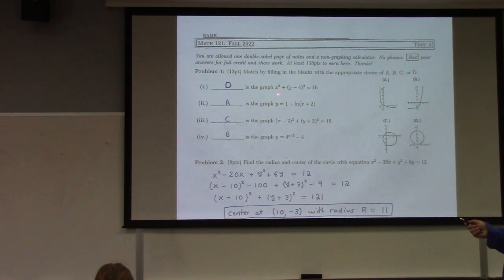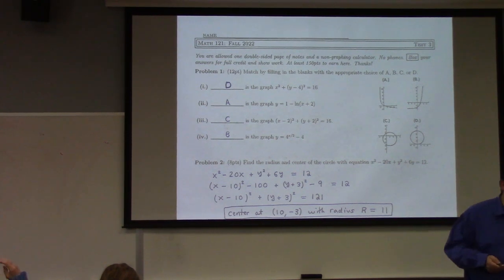It's centered where x is equal to 0 and y is equal to 4, which means it's this one. This is 1 minus the natural log, so it means it's got a vertical asymptote at -2. That's this one. This is a circle, radius 4, centered at 2, -2. That's this one. This is an exponential function with a horizontal asymptote of -4, which means it's that one.